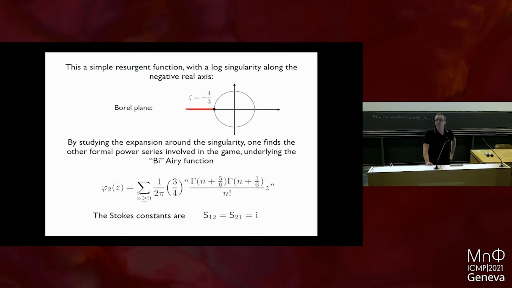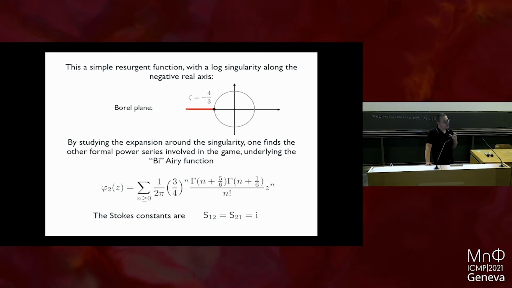But it's a different series. So you see already that in this example, by looking at the singularity, you get a new object. And this is actually very interesting, because you see the Airy function comes from the Airy differential equation, which has two independent solutions. And actually, this power series is, in a sense, the power series that will lead to the other solution of the Airy differential equation.